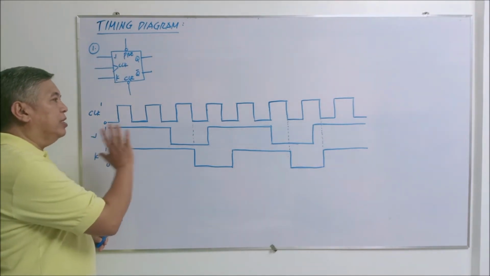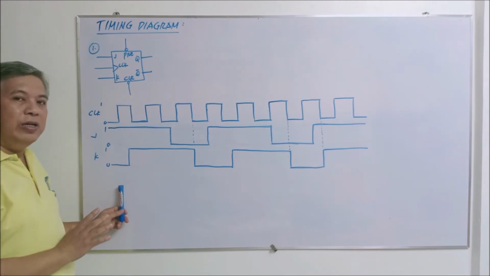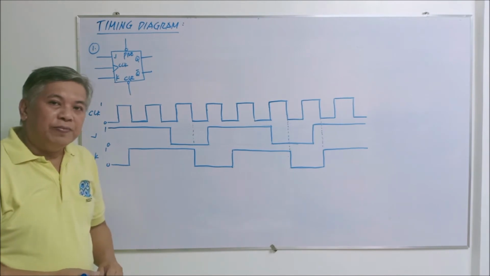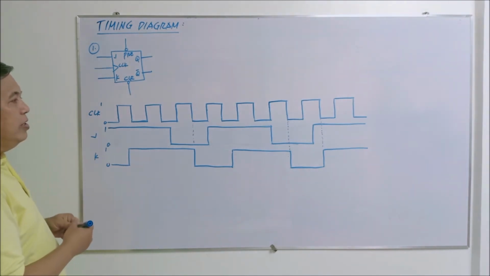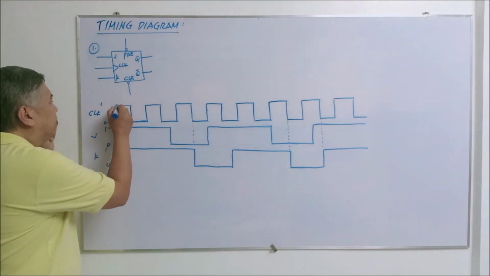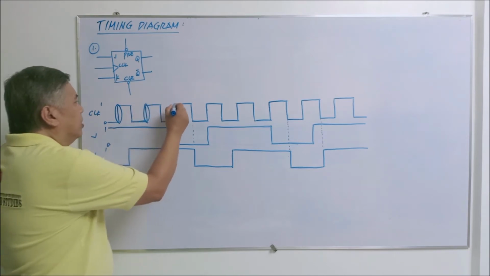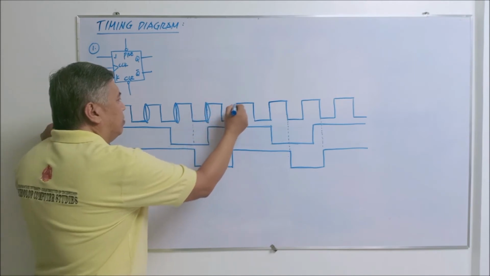So what is needed here is to determine the timing diagram for your output Q and Q bar. Again, this is positive edge triggering, so we have to consider only the positive edge of the clock. We have here this one, the positive edge. This one here. This one, positive edge.